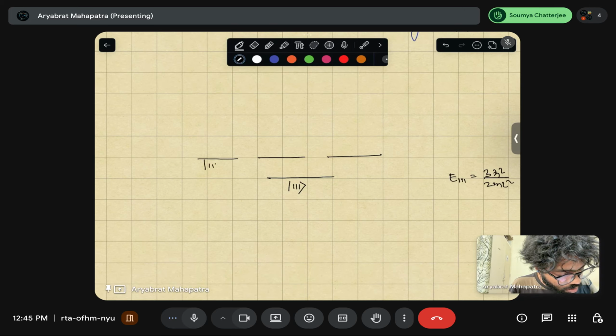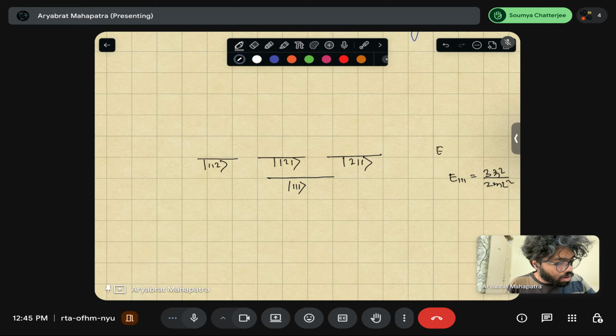These are your 1 1 2, 1 2 1, and these are your 2 1 1 quantum numbers. So this will give you 6ħ² over 2ml².